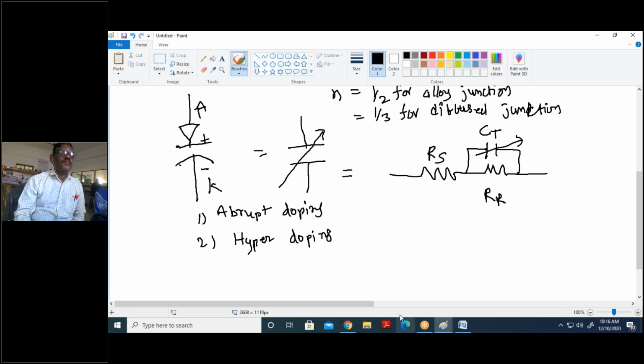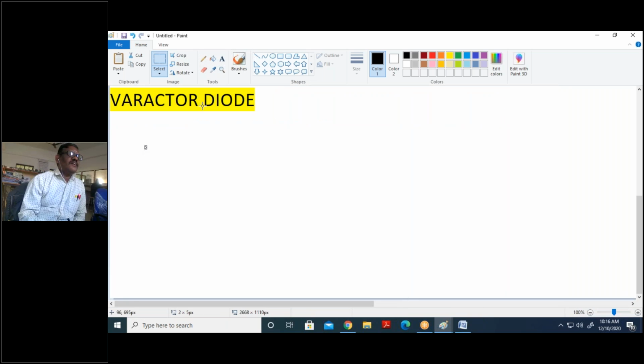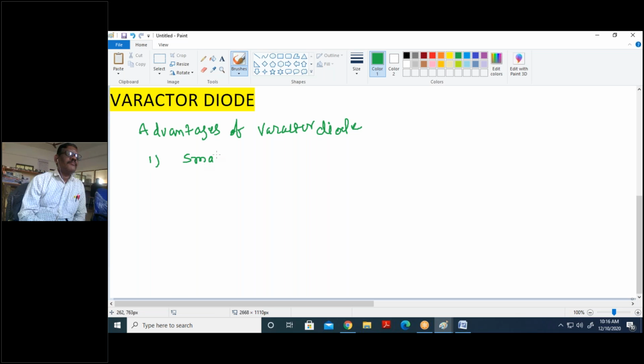And advantages of Varactor diode. Number one, smaller in size.